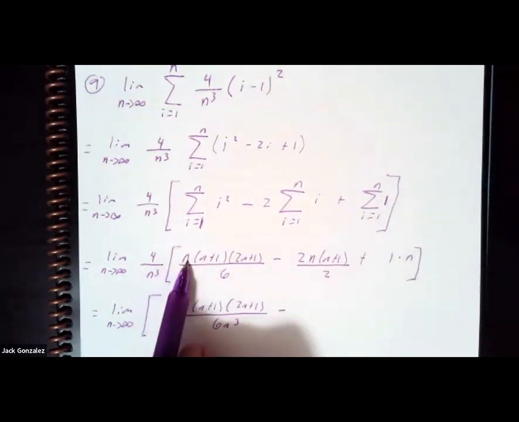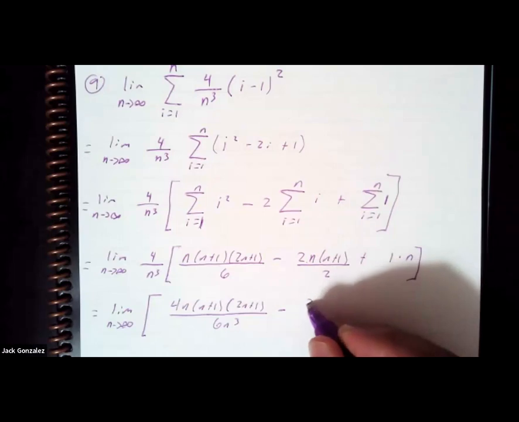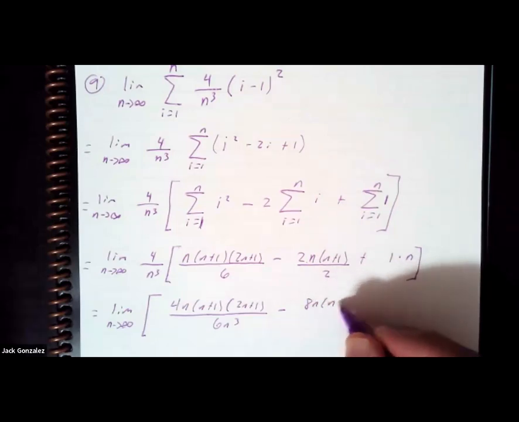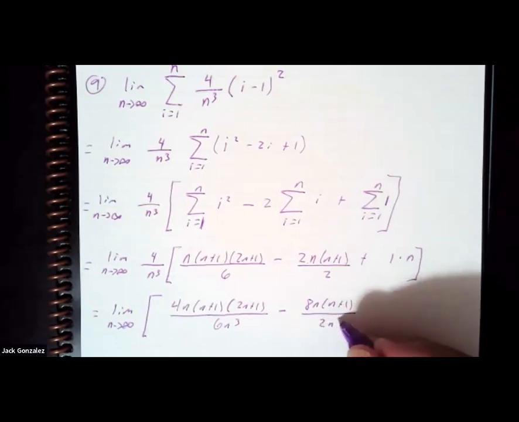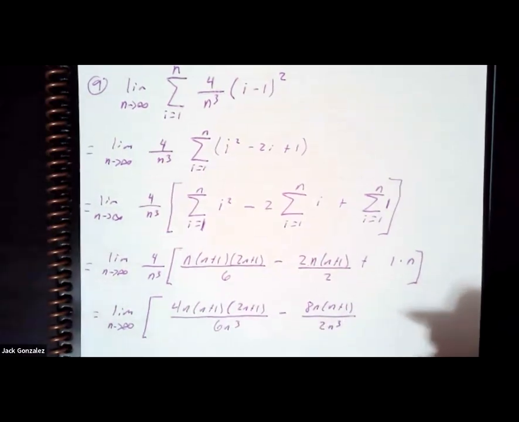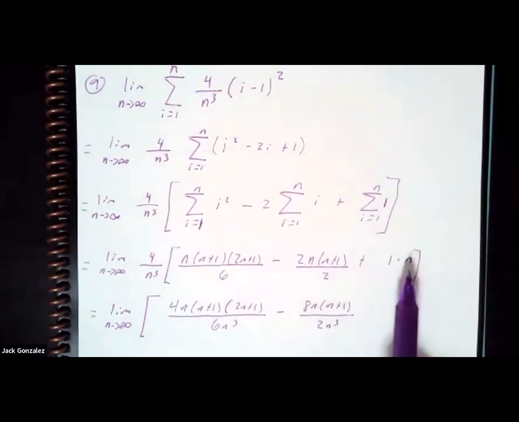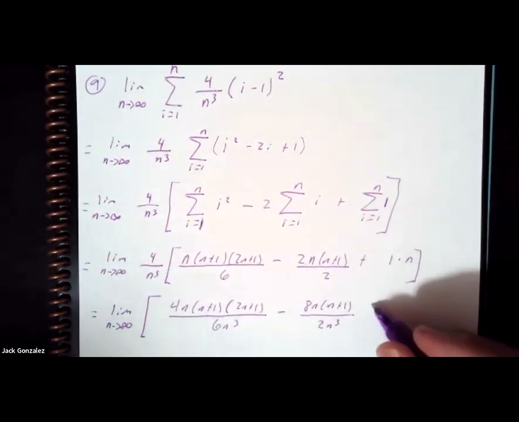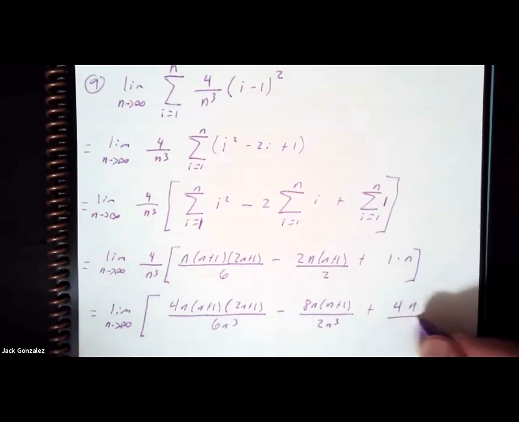So 4 times this, n cubed times that, 4 times 2, n cubed, 4n cubed times this guy would be 4n over n cubed.